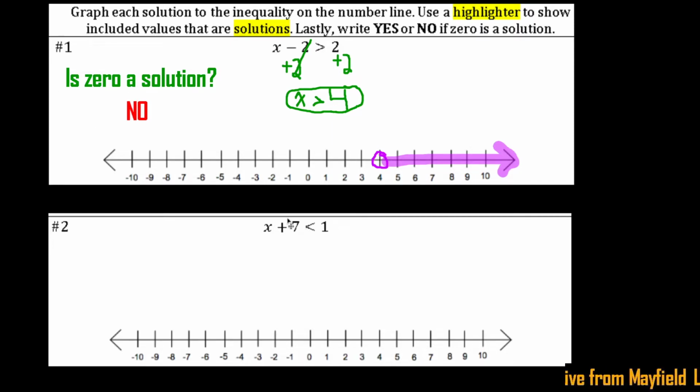And number 2, it says x plus 7 is less than positive 1. Again, use your inverse operations, and so I can do minus 7 to both sides. These 7's cancel out, and so we're left with just x on the left.